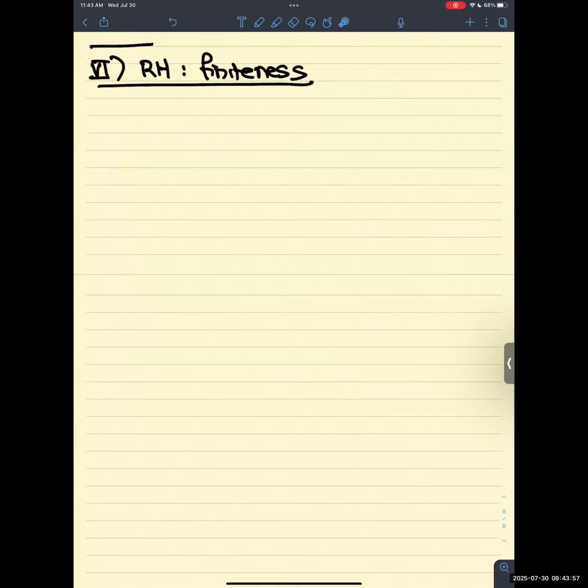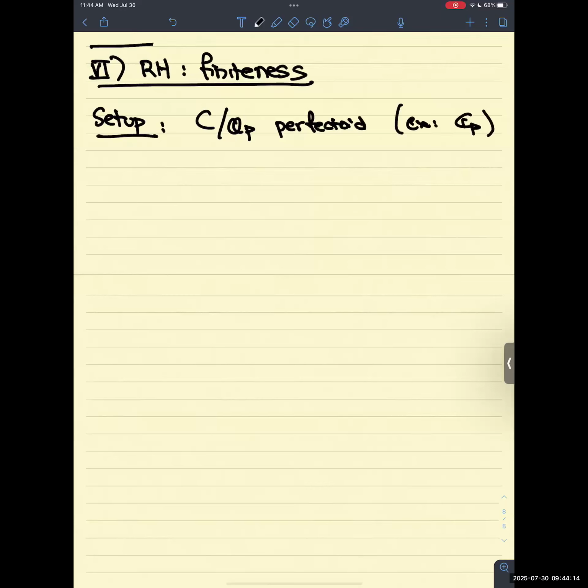And so now the setup is going to be more specialized, because if you want finiteness conditions on the sheaves, you better impose some finiteness conditions on your spaces too. And so let me work with C over Q_p, which is a perfectoid field. You can take it to just be C_p, the p-adic completion of the algebraic closure of Q_p.